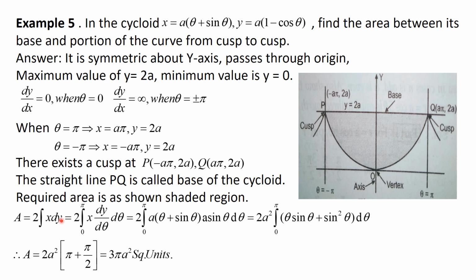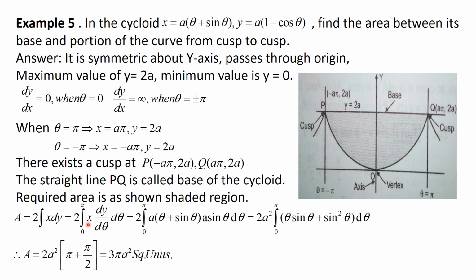In the initial terms we had considered the double integral dx dy. If the x-axis or y-axis is a boundary line, then we can reduce this to the form of a single integral. So since the y-axis is the boundary of the curve, that is x equal to 0 to the upper limit function, we use the formula as the integral of x with respect to y. Symmetry gives the value twice as the multiplying term.